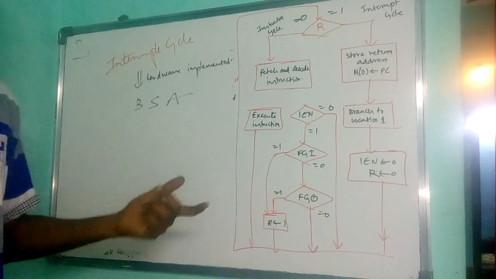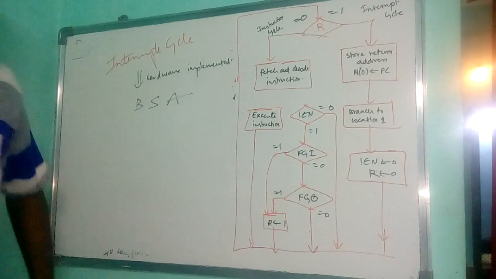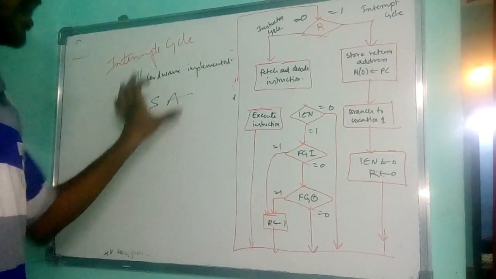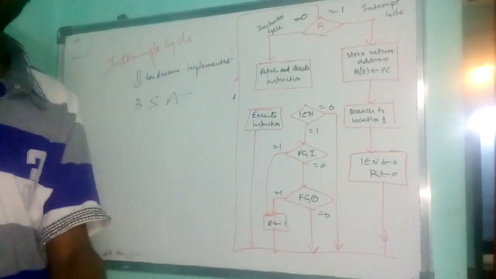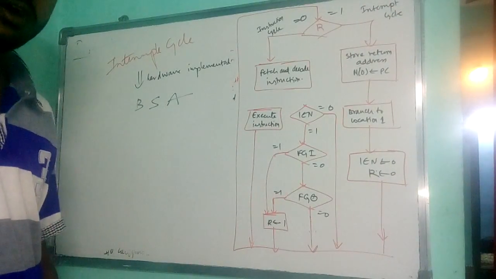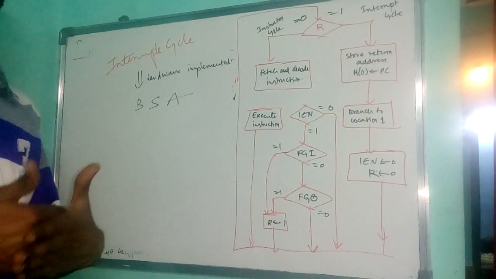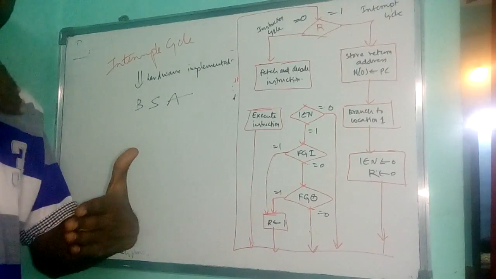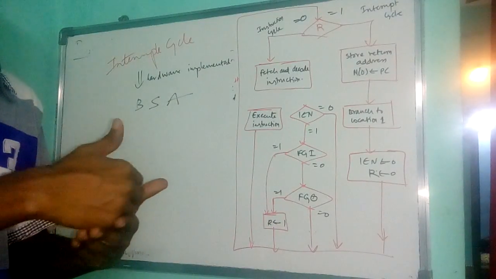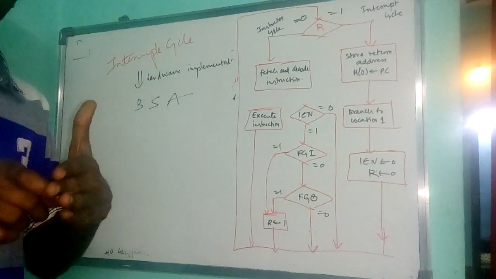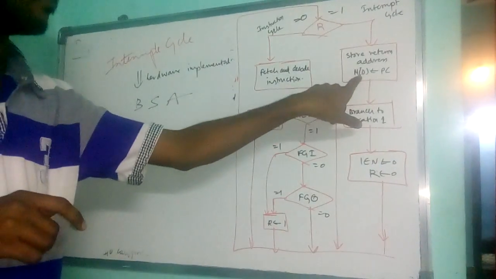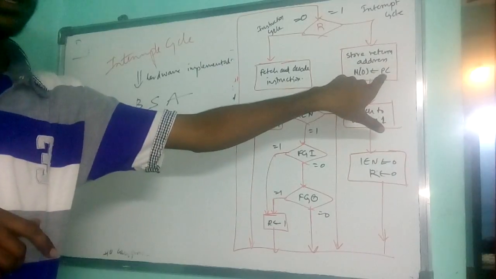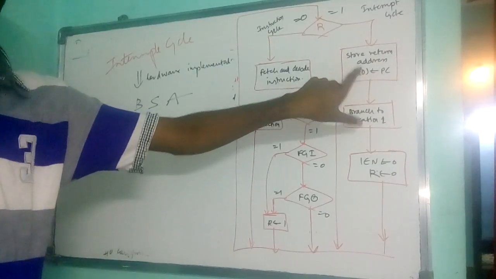This is just a hardware implementation of that. That means whenever the computer encounters an interrupt, it will stop its execution of whatever instruction is executing, and that memory address is stored in the first part of the memory, M of 0.